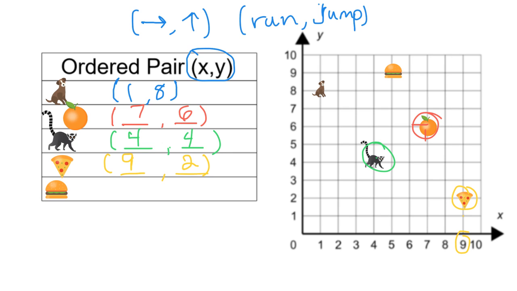Then our cheeseburger, we're going to use black. Remember to run before you jump, over before you go up. So I'm going to go over to where I see that lining up, which is 5 on my X axis, and then 9 on my Y. 5, 9.